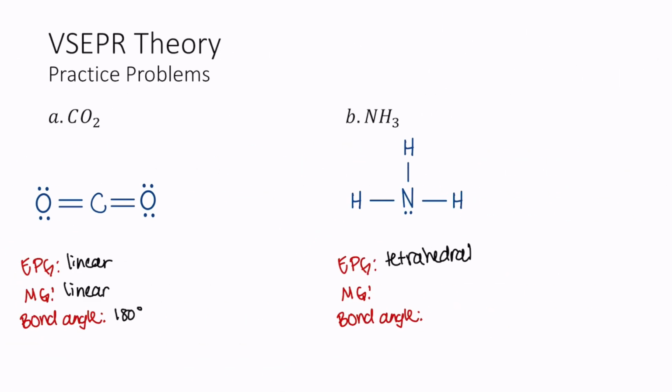So my molecular geometry for ammonia is trigonal pyramidal. When your shape is trigonal pyramidal, it's very important that you don't just write trigonal. You have to include the word pyramidal as well. Since I have 4 things around my central atom, my bond angle is still going to be 109.5.